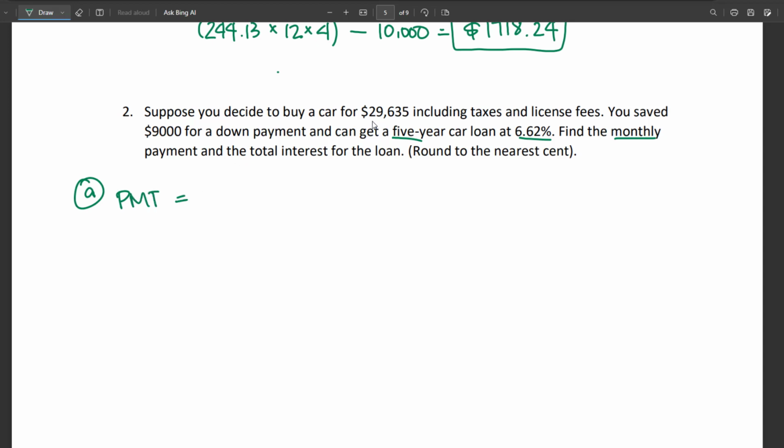So let's see what our payment is. So it says that the car cost $29,000, but we put $9,000 down. So we are not getting the loan for the full $29,000. The principal, the amount that we're getting the loan for, is actually $20,635 because we have $9,000 that we're putting down on that car.